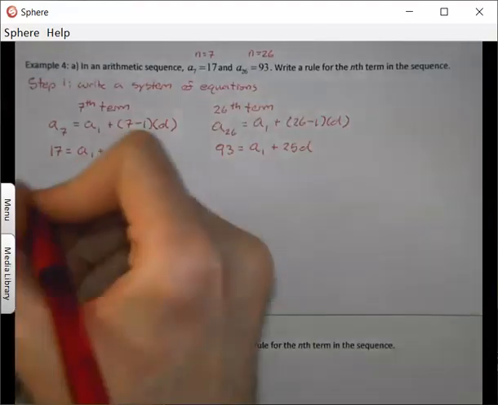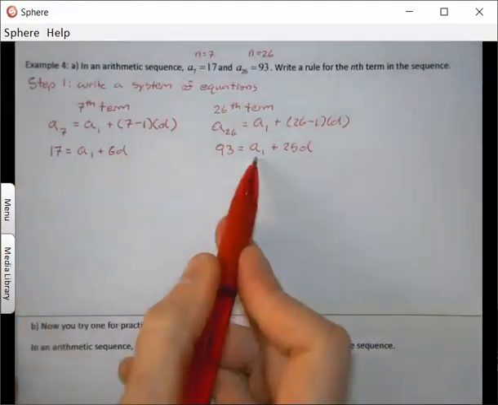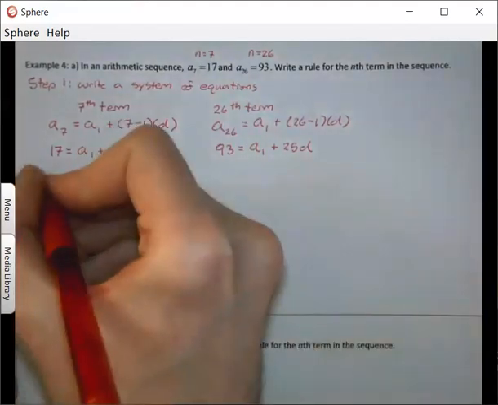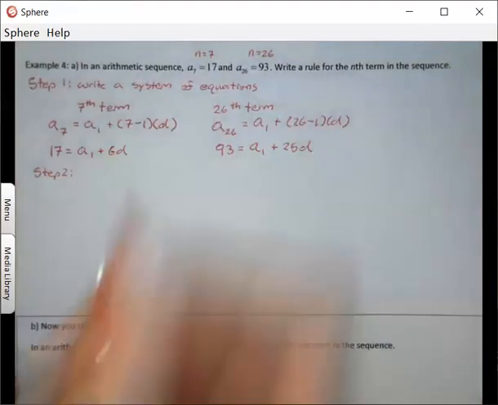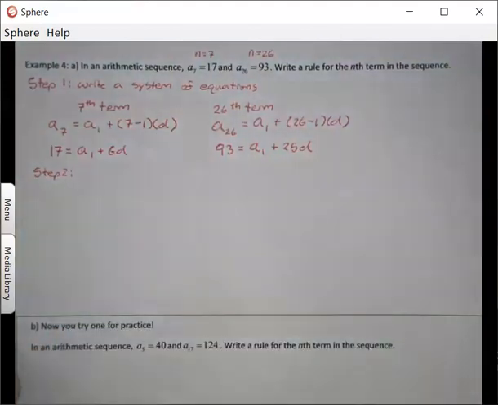Step 2, now that we have an equation for each term, we want to solve the system, which just means use the two equations to find d.